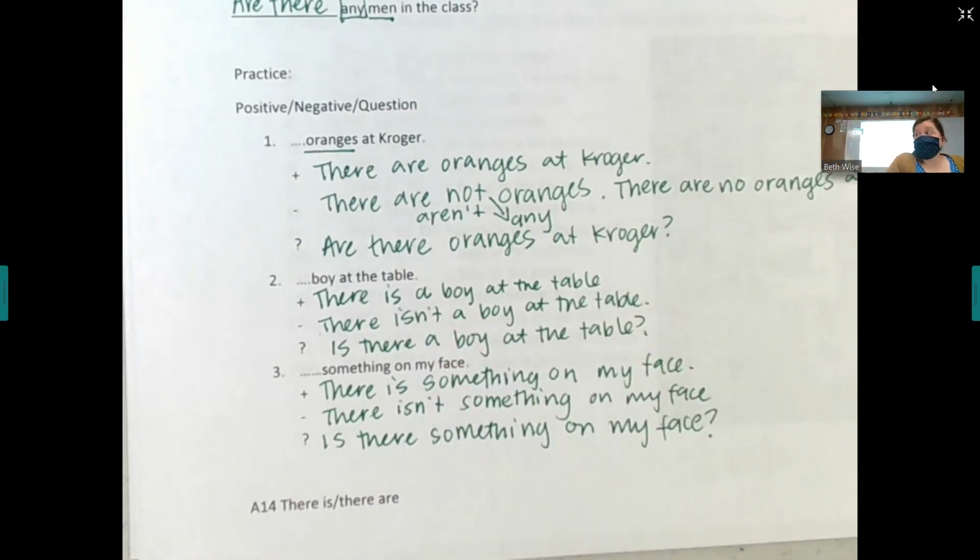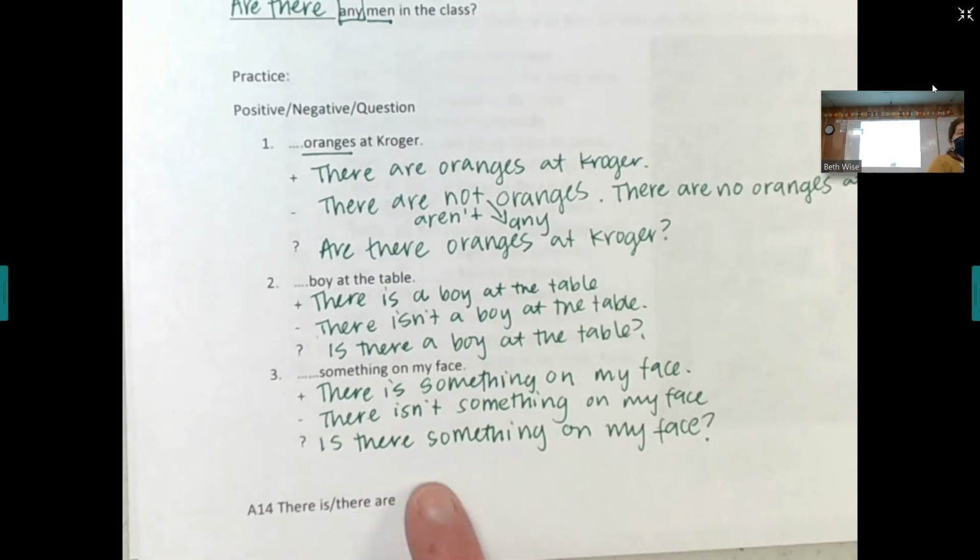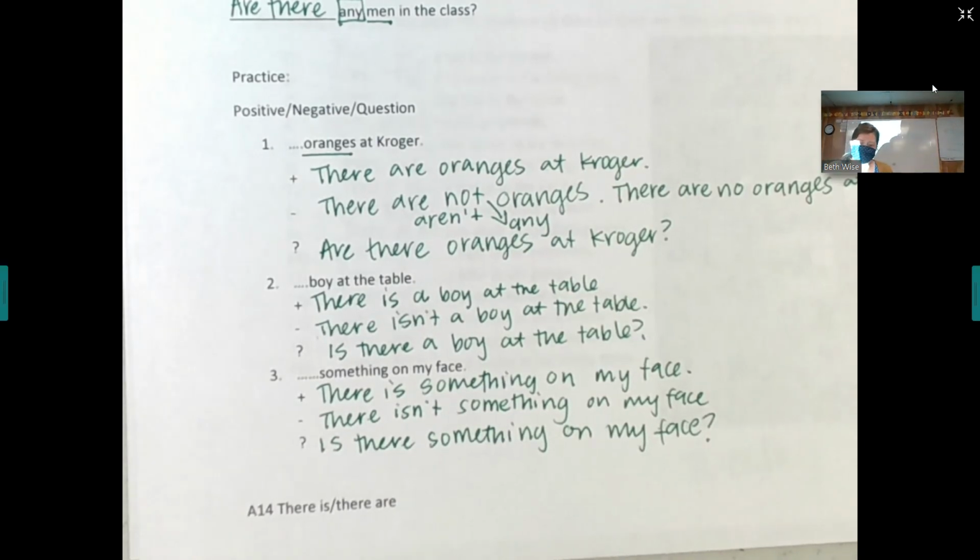Is there a boy at the table? Right? Alright. There is something on my face. There isn't something on my face. Is there something on my face? Okay, right? Yeah? Yes. Cool.